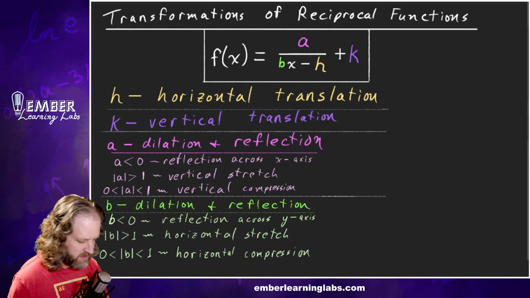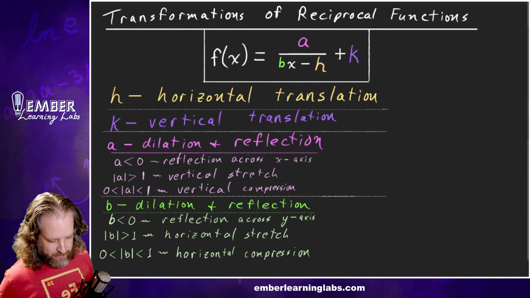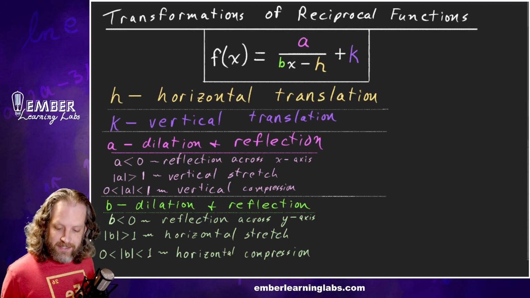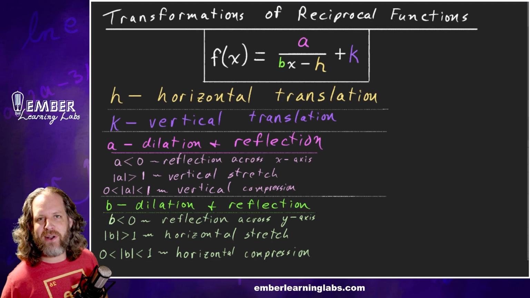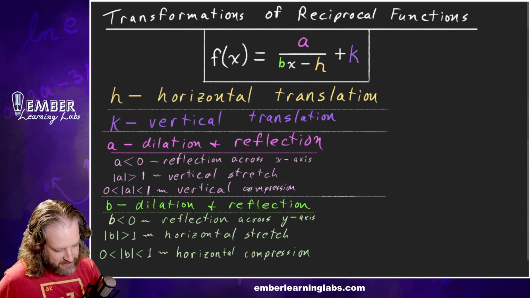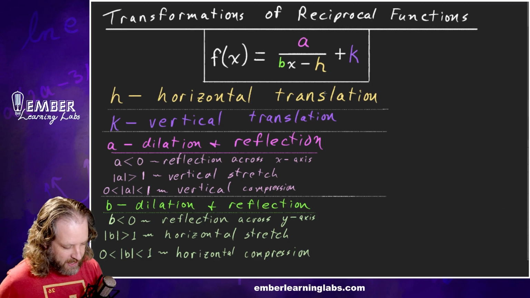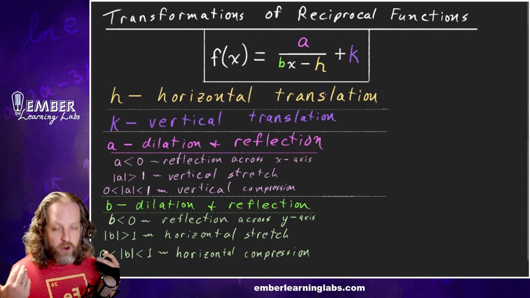Easy peasies. All right, well, there's the big slide. This is probably something you were expecting, both because I said it was coming up and because that's just the pattern of how graphing works in Algebra 2, right? Most everything works exactly like what we've grown to expect.